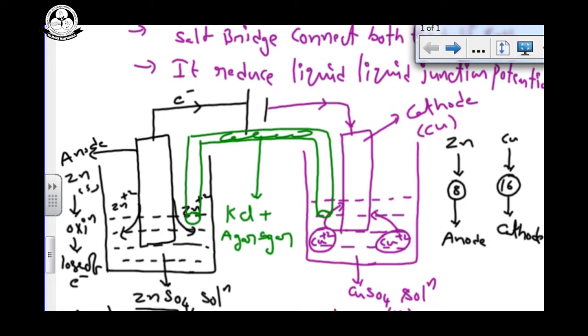Due to capillary action, the ions come like this. Zinc ions are coming like this, and sulfate ions are coming like this. Both meet at one point to form zinc sulfate. That is precipitated. This point is called the liquid junction potential.